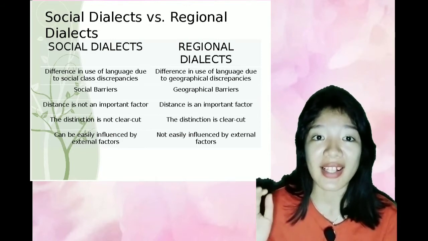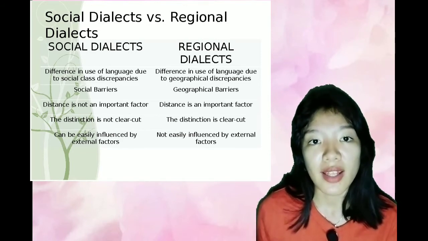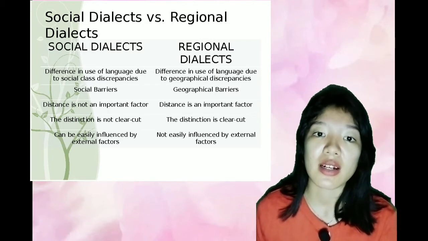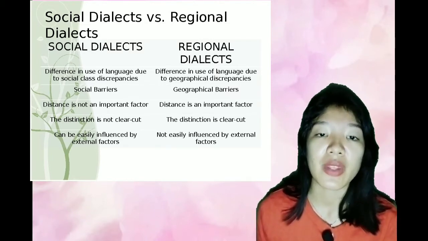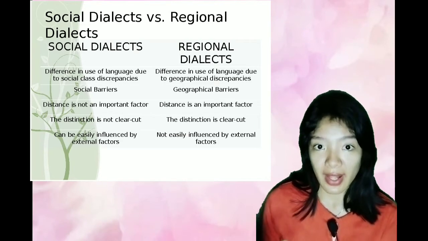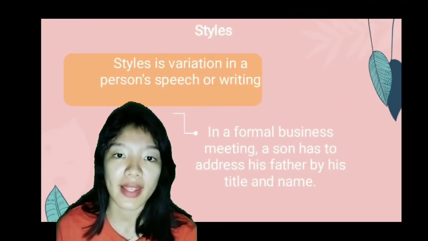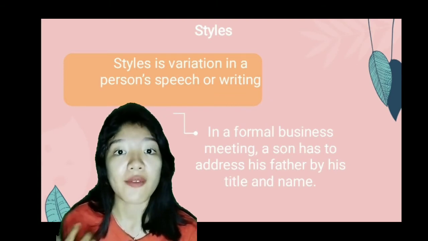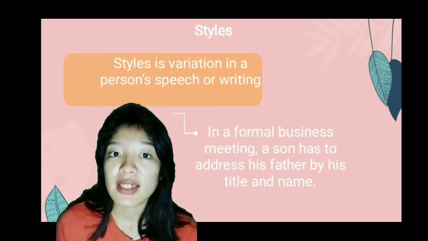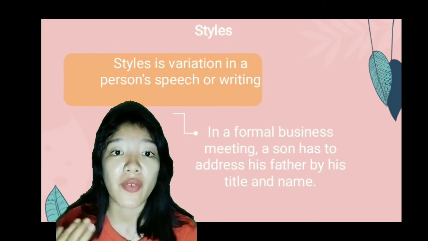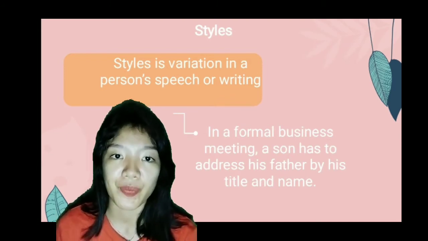The district is not clear and can be easily influenced by external factors. Next is styles: variation in how a person speaks or writes. Example: in an informal business meeting, a son has to address his father by his title and name.